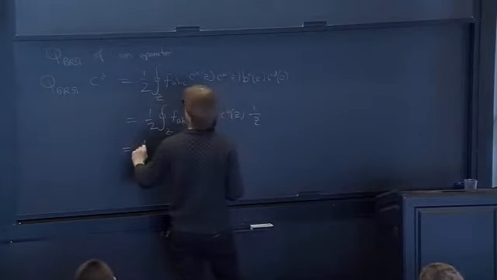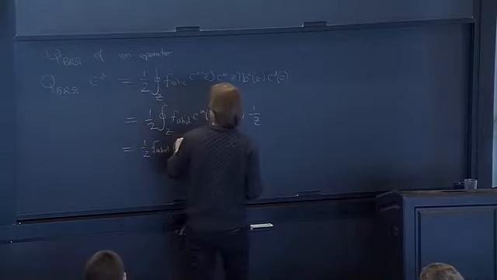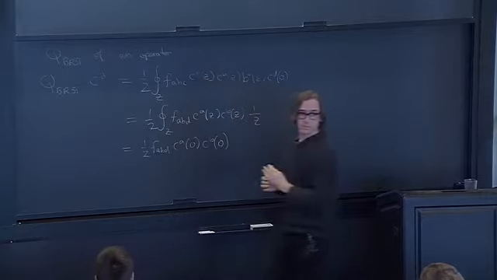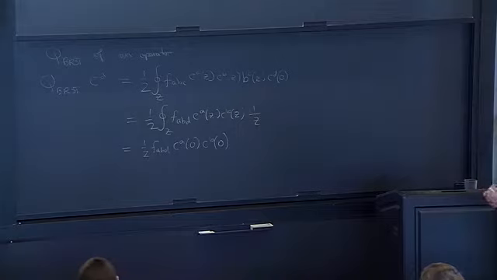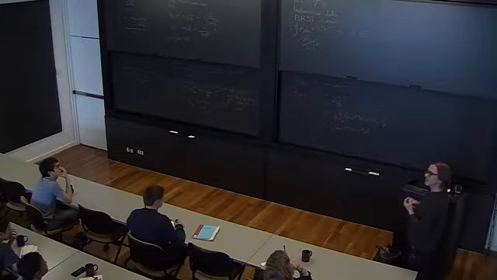That is half f_ABD C^A(0) C^B(0). Okay. So does everybody feel like they can do these, figure out what the BRST charge applied to an operator is?